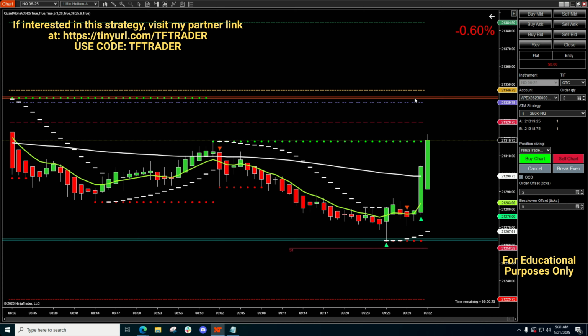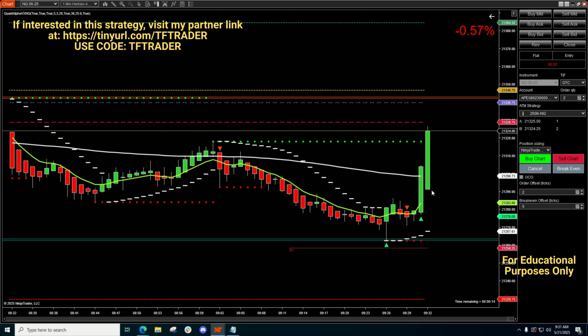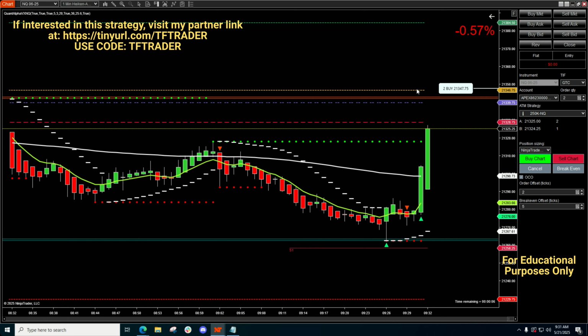And then if we get an S3, we have this area here. We'll have to place an order above here. So let's see if we get high volume here. I'm not going to do it, but you'll see if we do get a high volume, here's where we would place the order above this area of resistance.